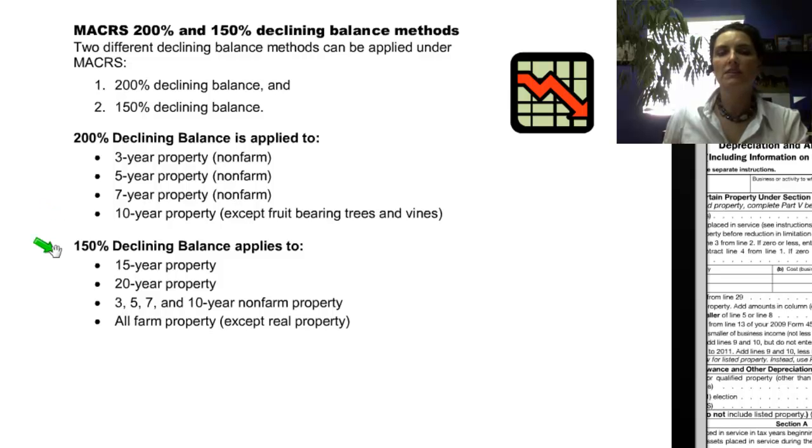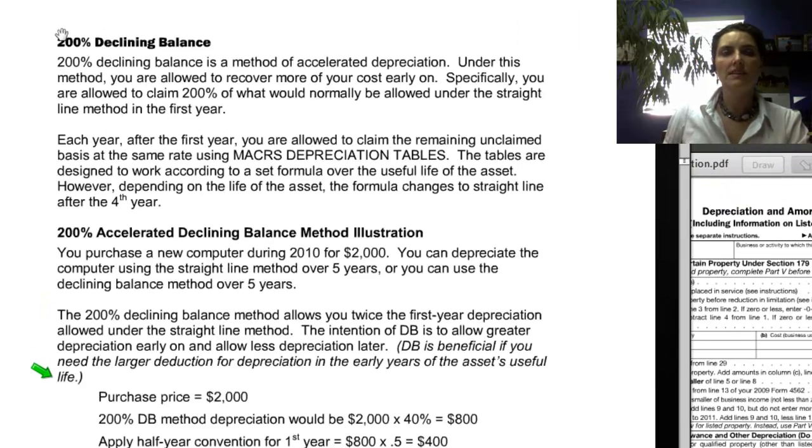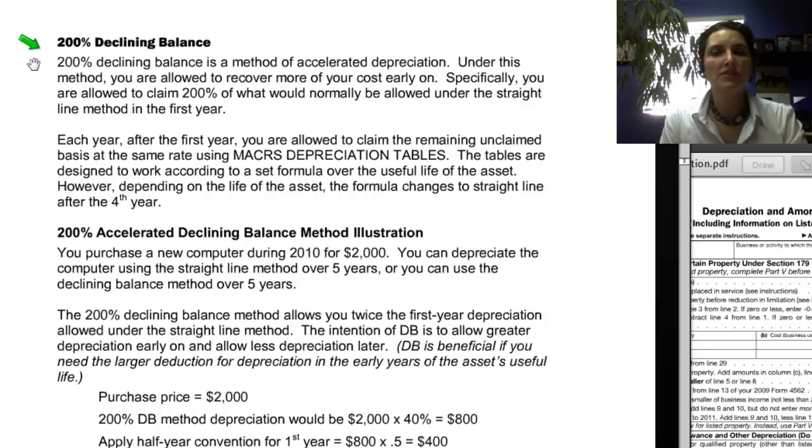The 150% declining balance method applies to 15-year property, 20-year property, 3, 5, 7, and 10-year non-farm property. And it applies to all farm property except real property. So let's take a look at the 200% declining balance. 200% declining balance is a method of accelerated depreciation.